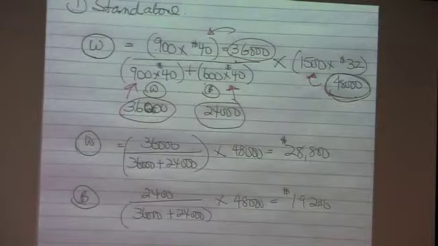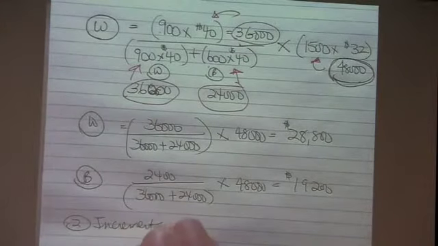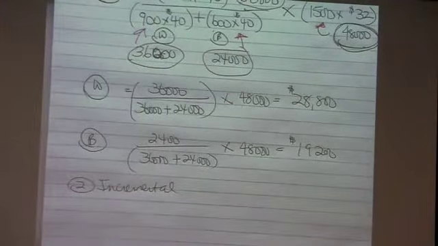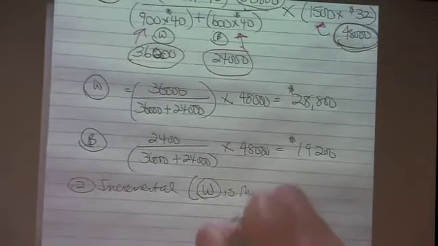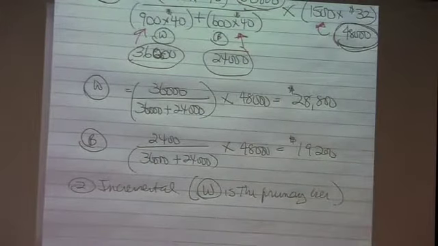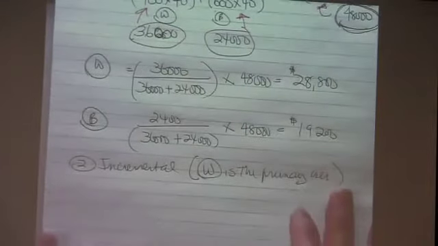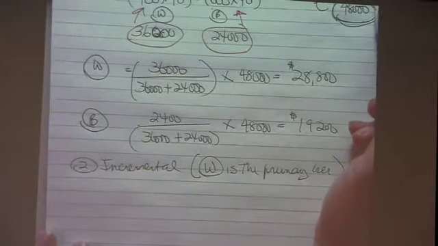Now, part 2 says, what if we use the incremental cost allocation method, but we're going to actually say that W is the primary user. So if W is the primary user, we're going to say, okay, how much is it costing us altogether?